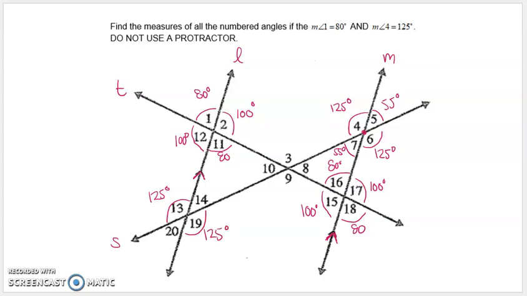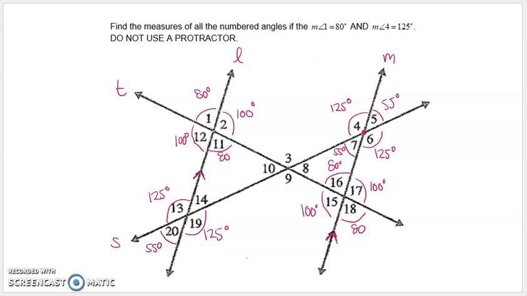Let's see, angles 5 and 20 are alternate exterior angles. So you could also use the fact that 20 and 19 form a straight angle, so they would be supplementary. But just using another fact, 5 and 20 are alternate exterior, so they'd be congruent, so 55 degrees.